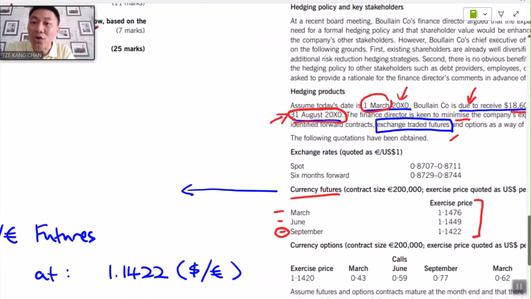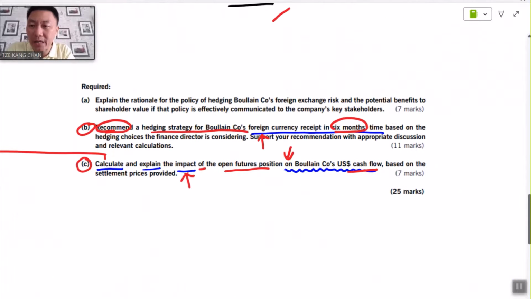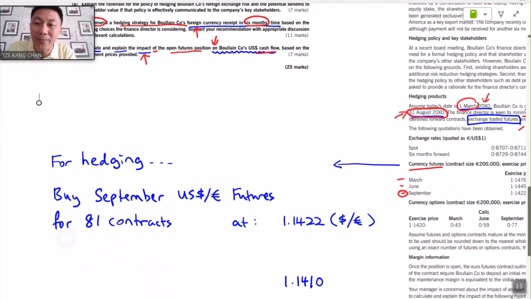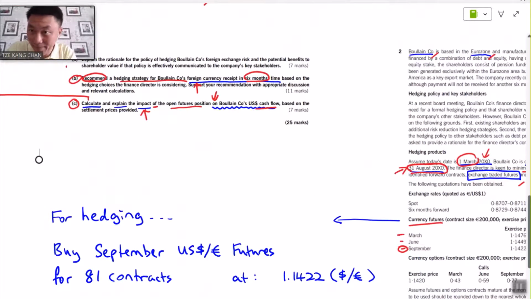Therefore, when you attempt part B of the question in creating the hedging positions for managing the risk, that is what you should be able to create in your answer.